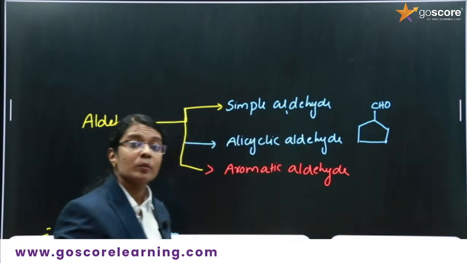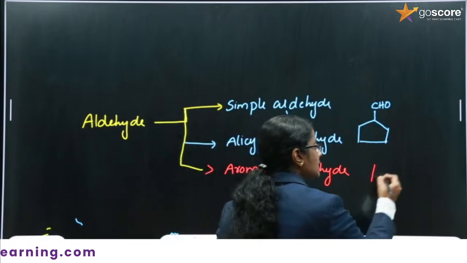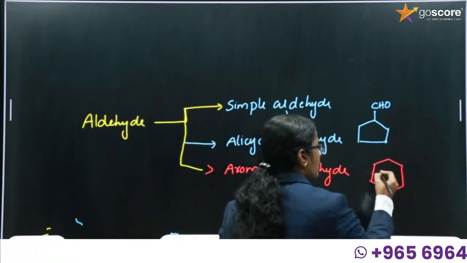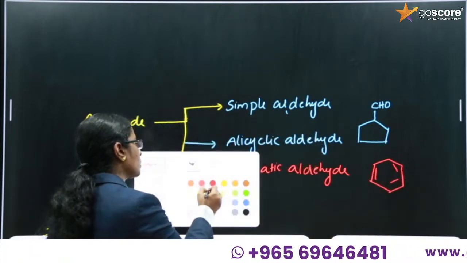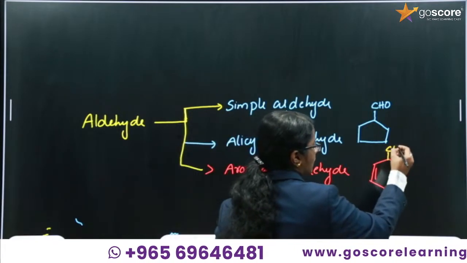Aromatic aldehyde can be of two types. The first one is if the benzene ring is directly attached to the CHO group, it is called benzaldehyde.